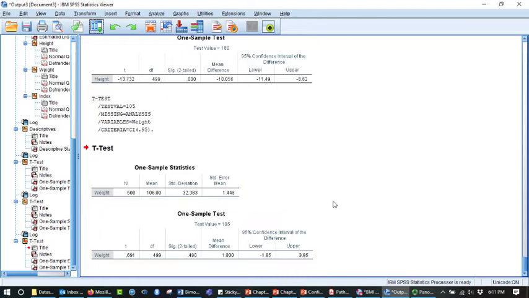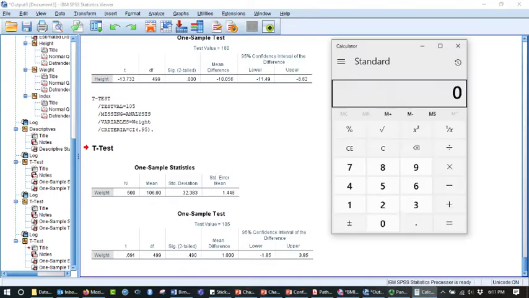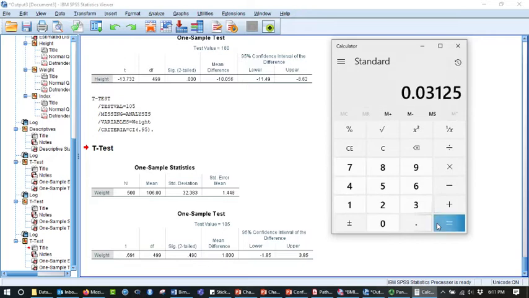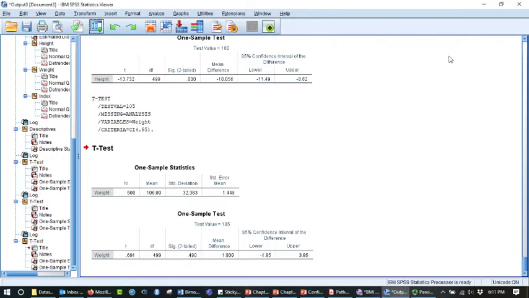And so that's not significant. So we don't really even need to do a Cohen's d, but I'm going to do it anyway because I asked you to do it for significant and non-significant values. That'd be 1 divided by 32, practically negligible, 0, no effect, and that's because it's not significant.